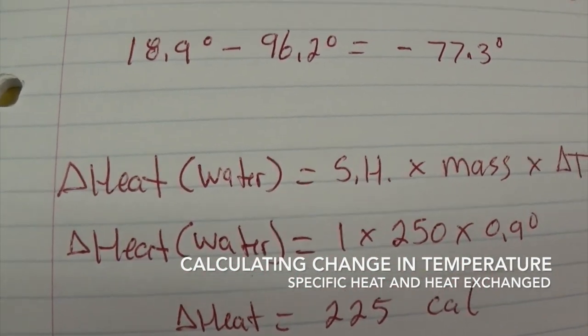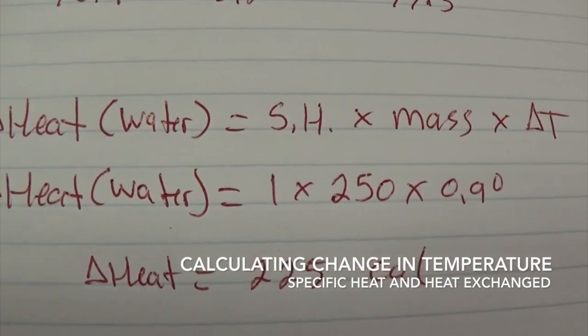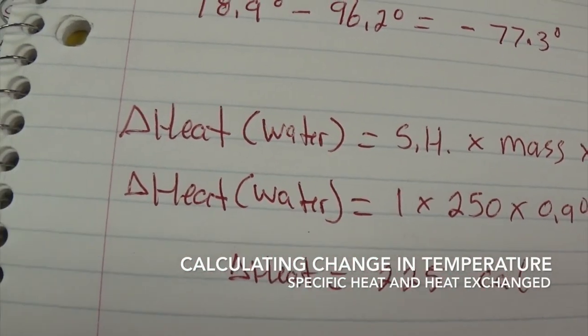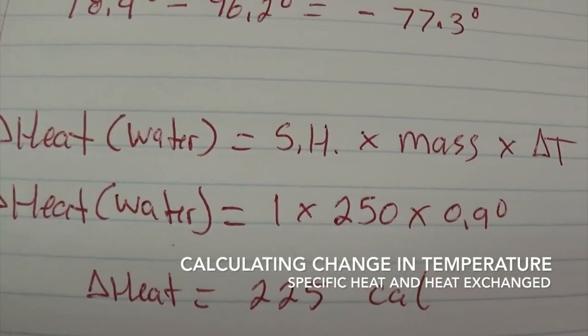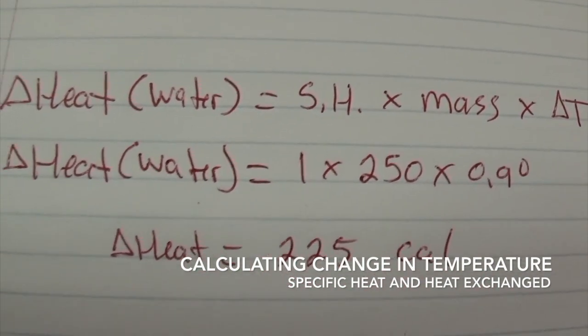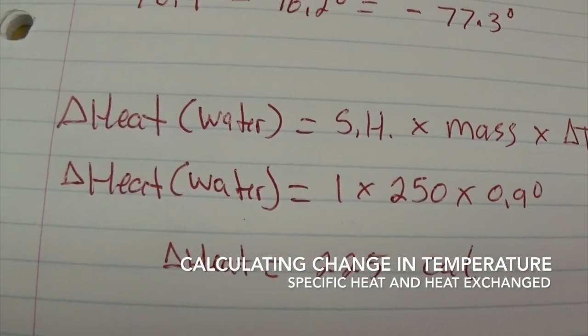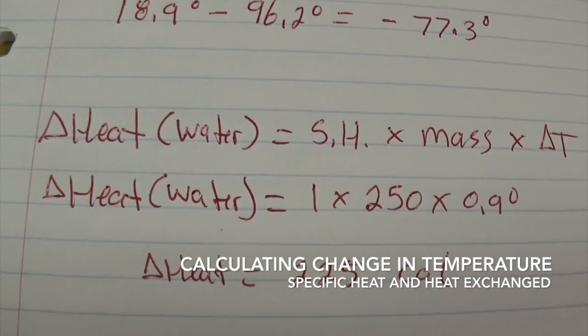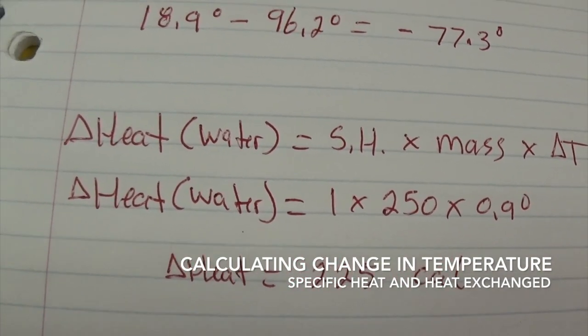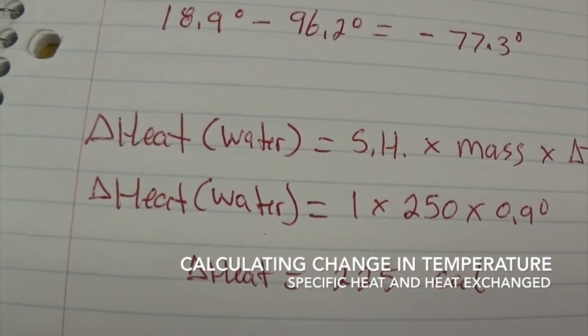Now, our specific heats, we're using calories per gram degree Celsius. So for water, we've got 1 calorie per gram degree Celsius. The mass of our water is 250 grams, and the change in temperature here was 0.9. If I multiply all those out, I get a heat gain for the water of 225 calories, which means the heat loss for the metal would be equal and opposite. It would be negative 225 calories.